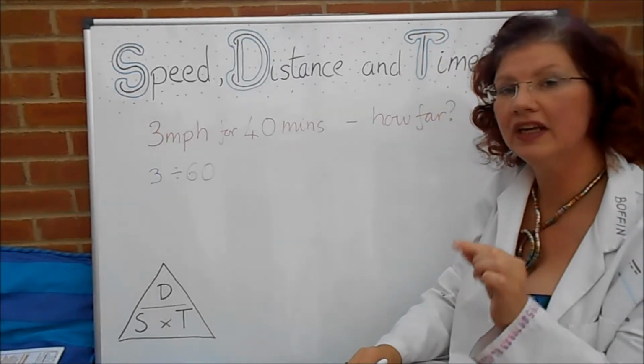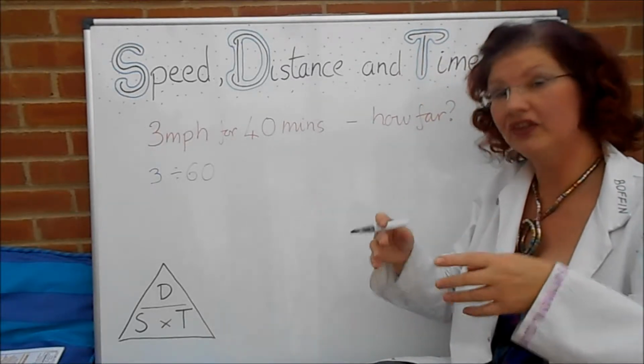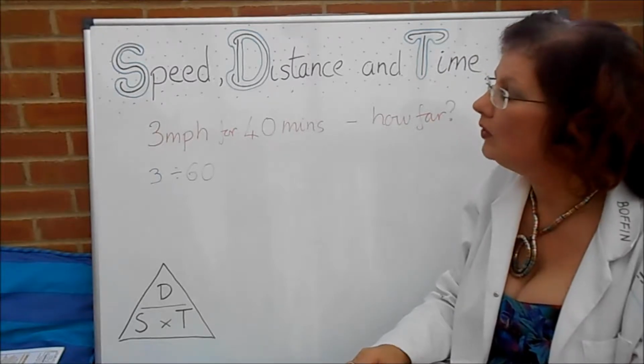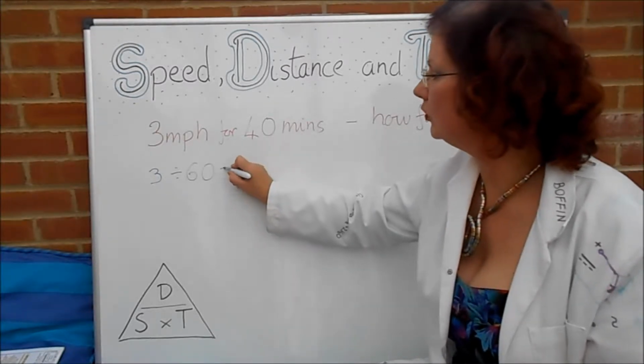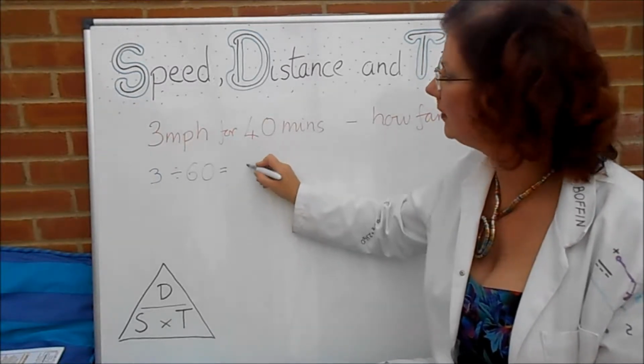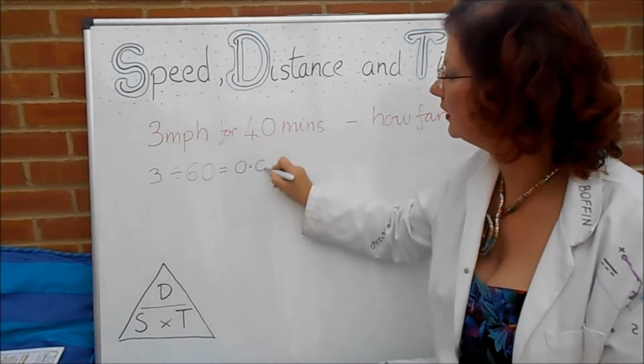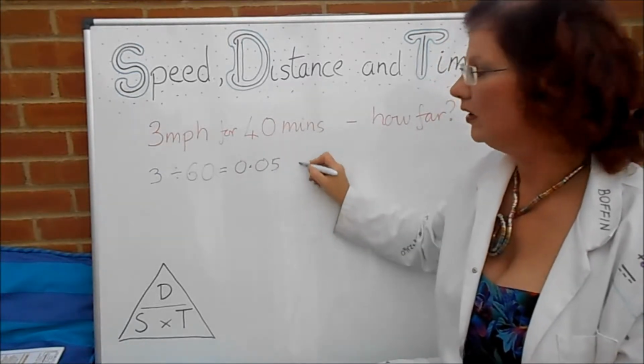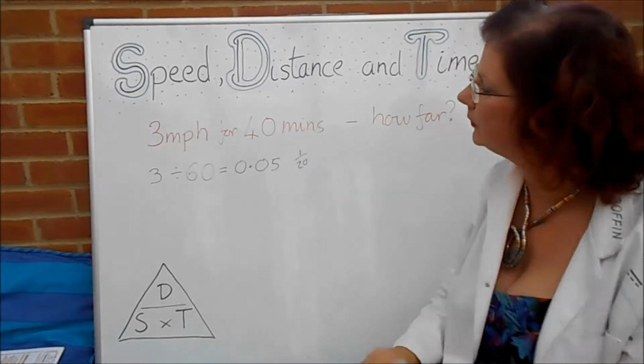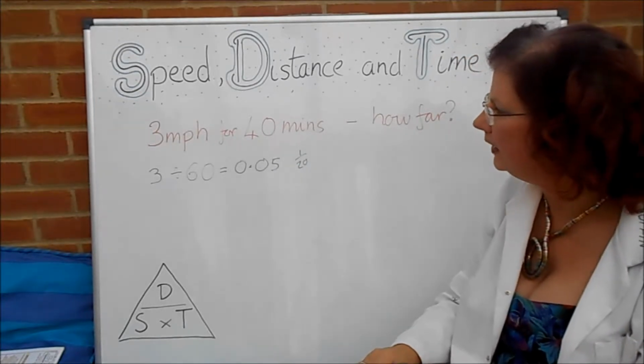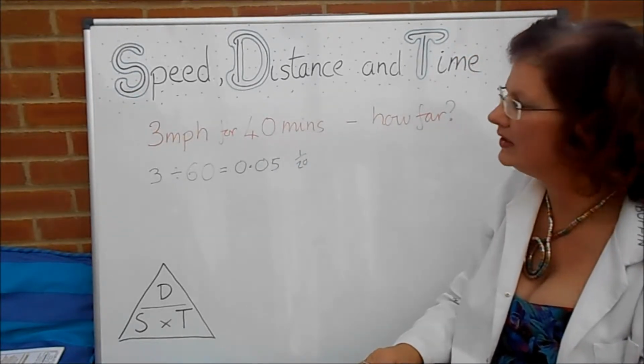If I do 3 miles in an hour, I'm going to do 1/60th of that in a minute. Well, 3 divided by 6 is 0.5, so 3 divided by 60 is 0.05, or 1/20th if you like it in fractions. So 0.05 or 1/20th.